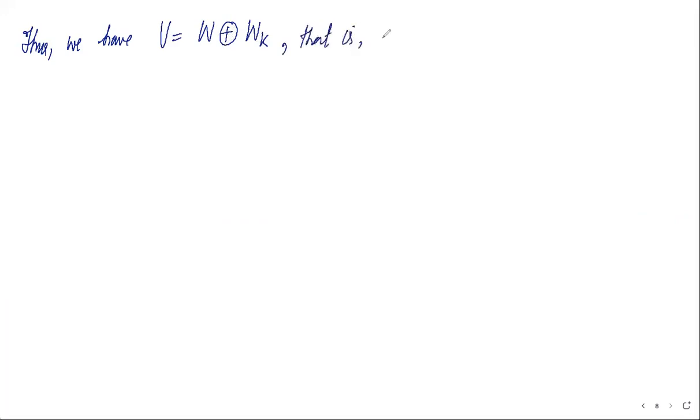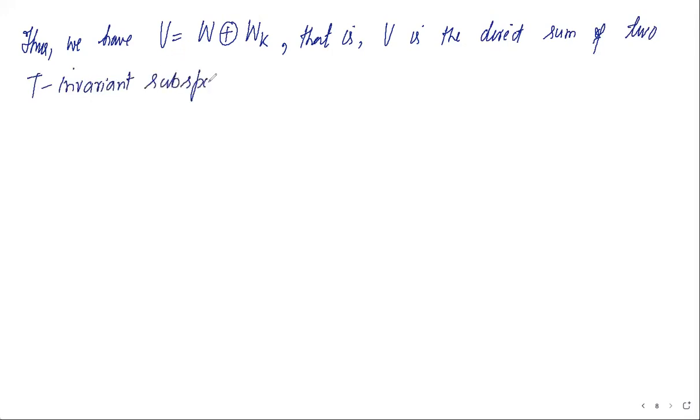That is, V is a direct sum of two T invariant subspaces. Thus, the result is true.